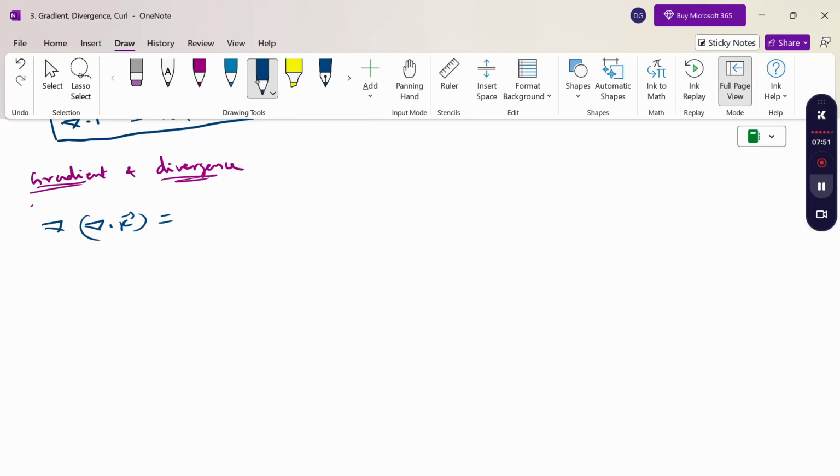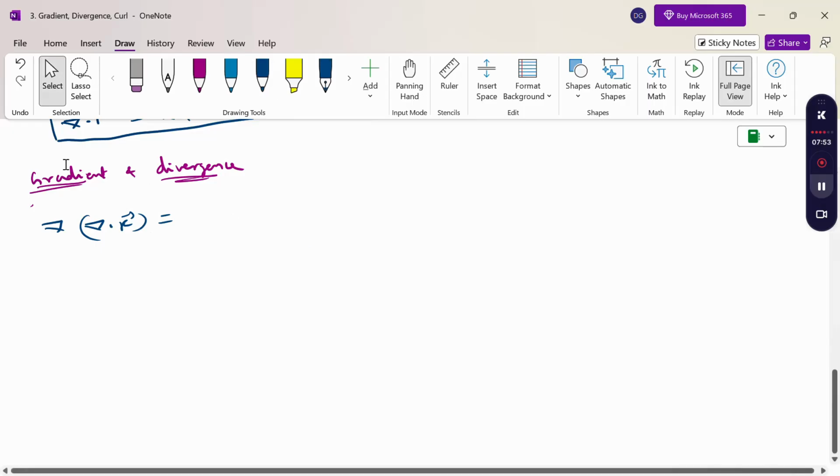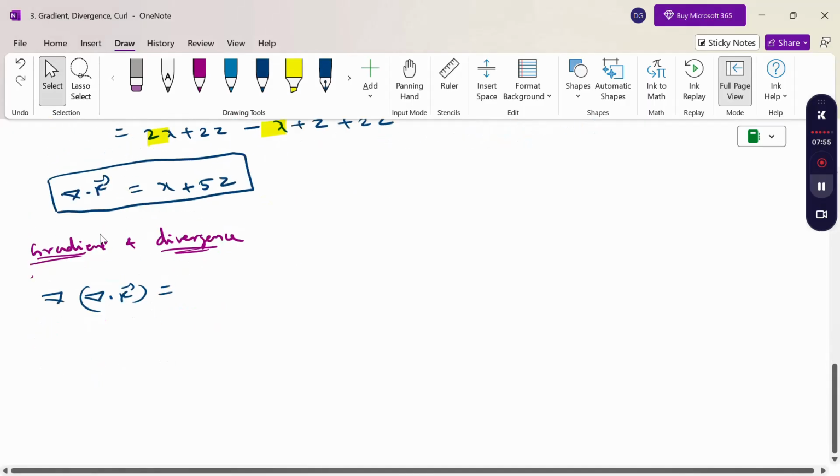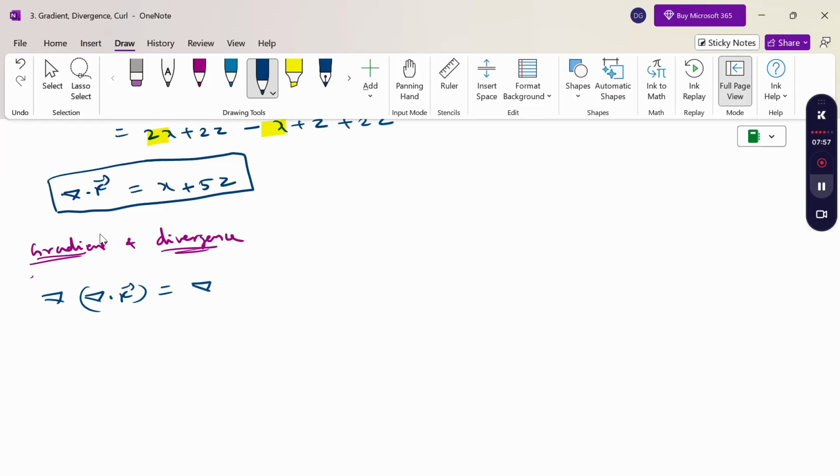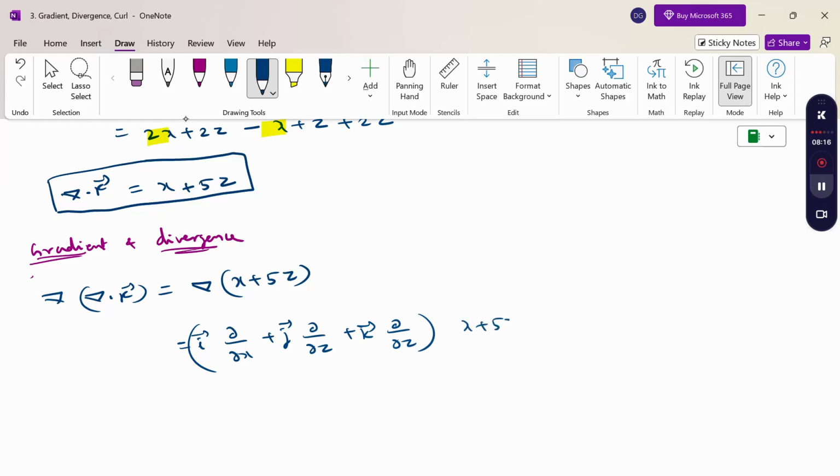Otherwise, directly, this question means to find the del dot f vector first, then substitute here del into x plus 5z. So what is the del value? Del is nothing but i vector dou by dou x plus j vector dou by dou y plus k vector dou by dou z, into x plus 5z.